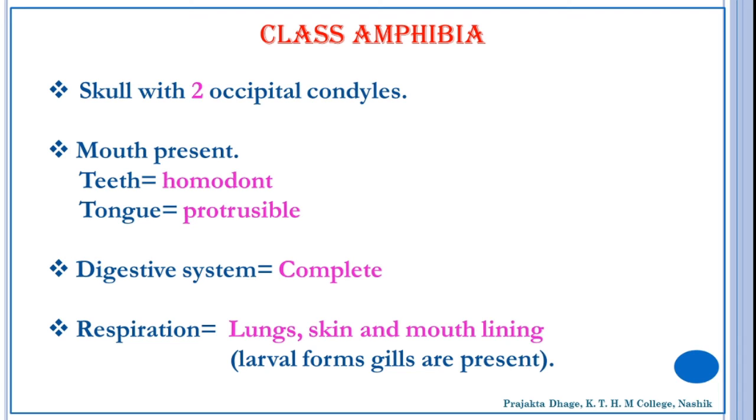Now in some forms the gills may be lost in adults. The adults will only have lungs and skin present, but in other forms the gills may be present in adults also. The nostrils will be present and will be connected to the buccal cavity in these organisms.